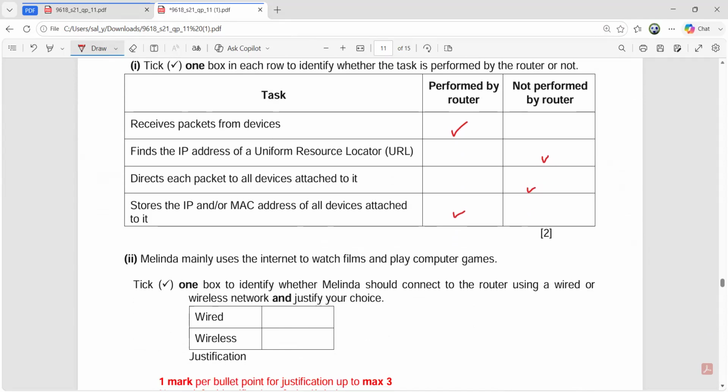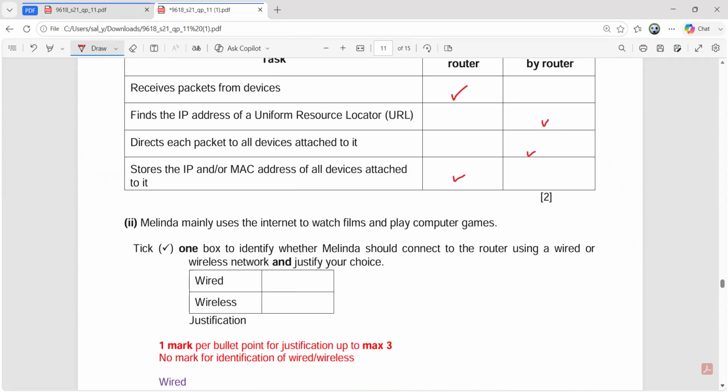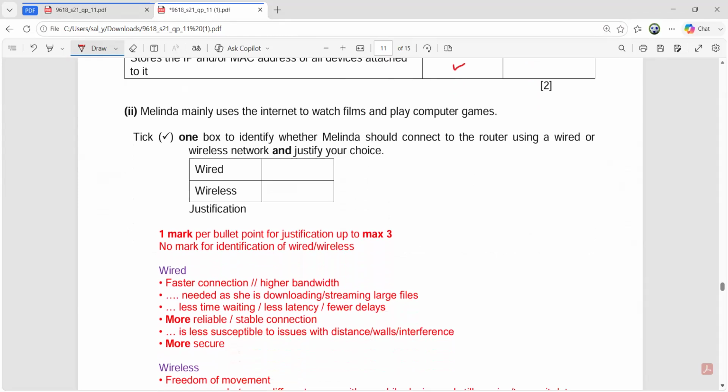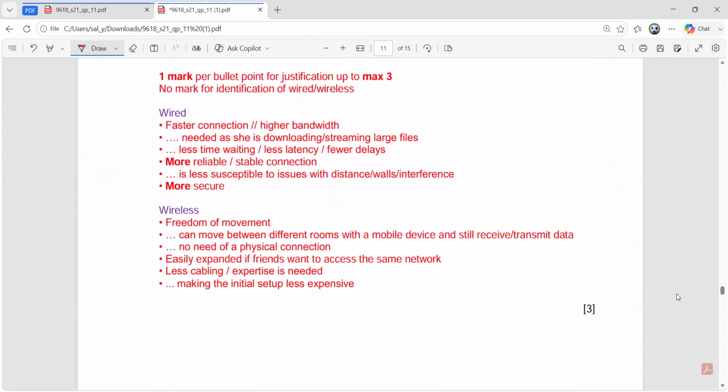Now the next one. Melinda mainly uses the internet to watch films and play computer games. Tick one box to identify whether Melinda should connect to the router using a wired network or a wireless network, and justify your choice. Here, it's a 3-mark question.